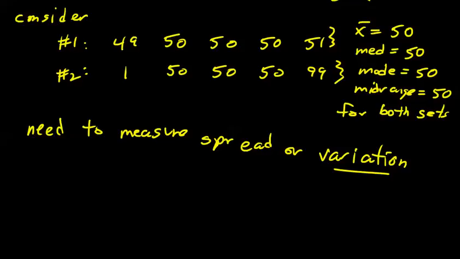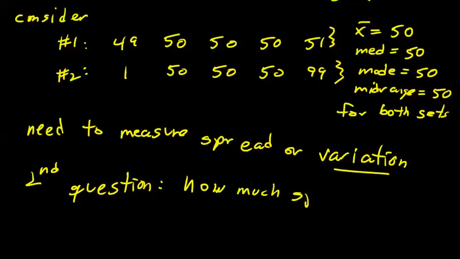All right. How are we going to answer this question? All right, after we answer the first question, where is the center, our second question will then be, how much spread or variation?